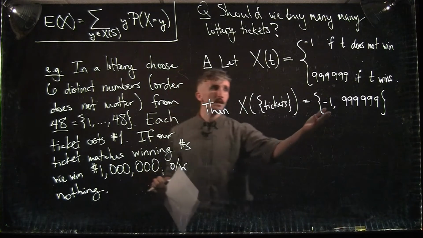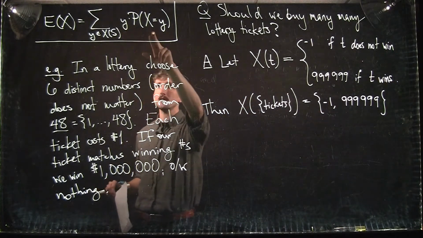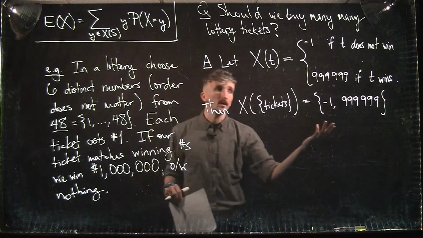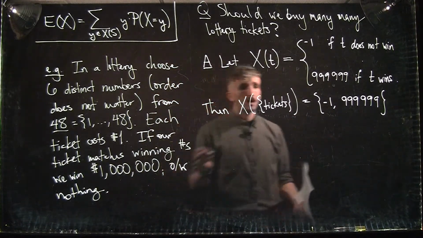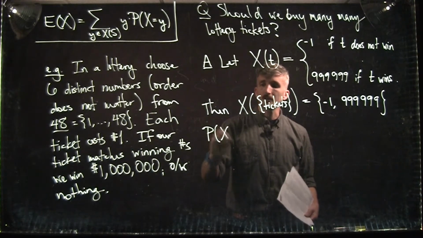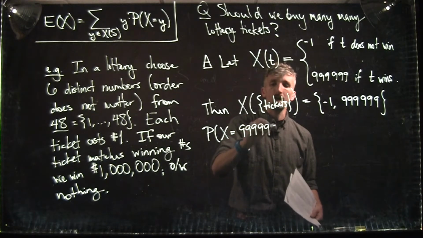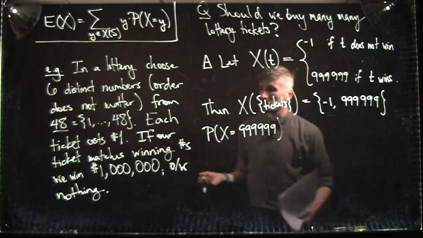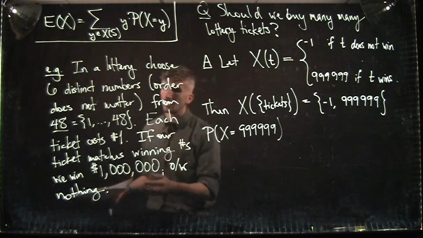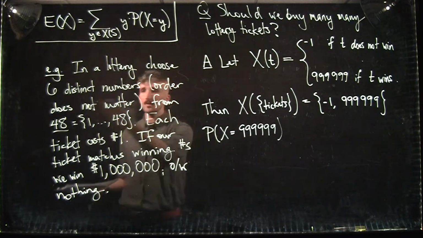We'll need to take each of these outputs of X and multiply them by the probability that that outcome happens, right? So the probability that X equals 999,999 is exactly the probability that we've selected the winning ticket. There's only one winner, and we're choosing our ticket where order doesn't matter here.